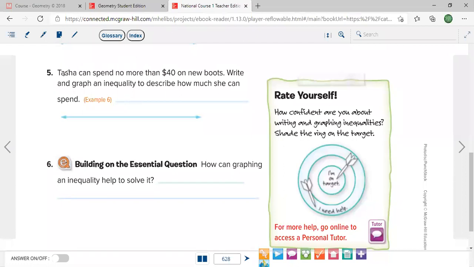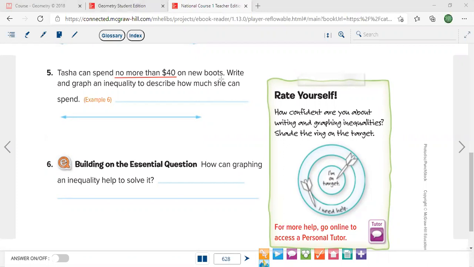In question 5, Tasha can spend no more than $40 on new boots. No more than means smaller than or equal.